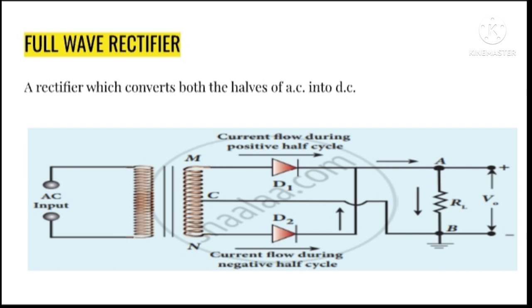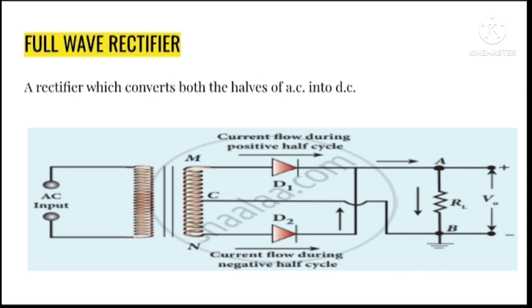Now for the working, when the positive cycle of the input signal flows through the primary coil, again EMF is induced in the secondary coil due to mutual induction, and let the direction of the induced EMF be such that the upper end of the secondary coil becomes positive while the lower end becomes negative.